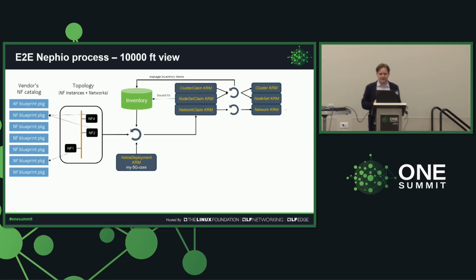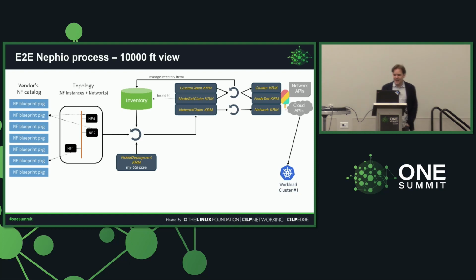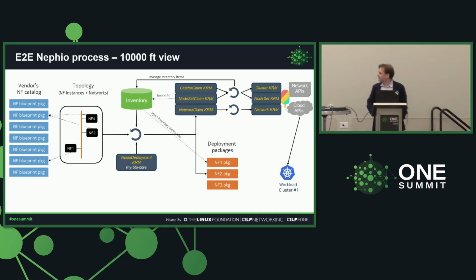And the second thing it does, it creates or updates items in the inventory to describe the newly created or updated elements of the infrastructure. You can see that it will result in creating the workload cluster and maybe multiple node groups in that workload cluster. And basically the final step is to deploying the packages in the newly provisioned cluster and node groups.